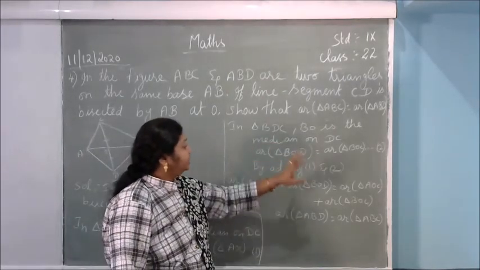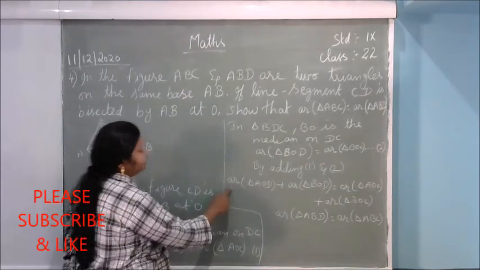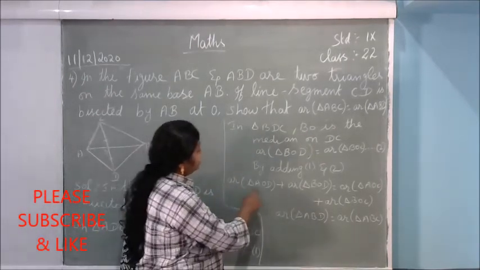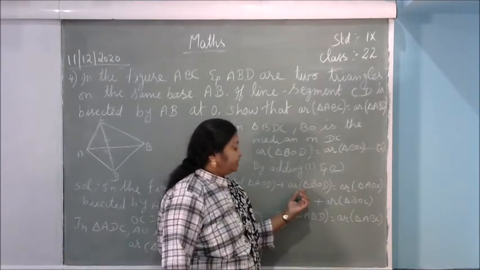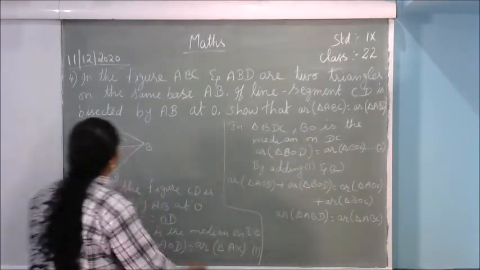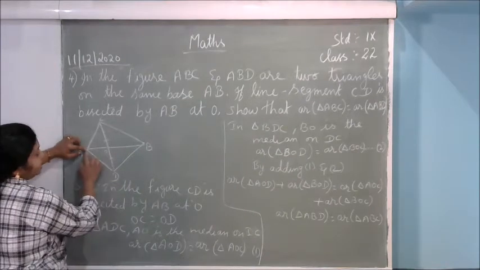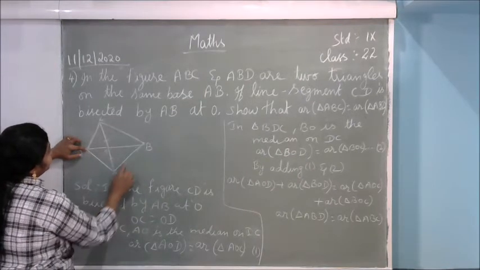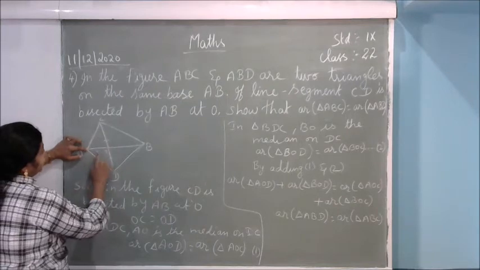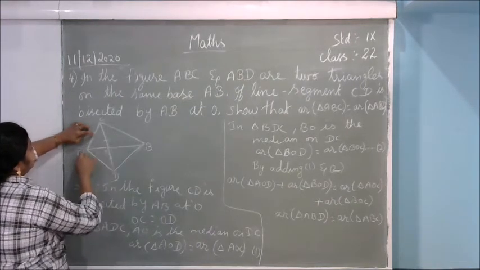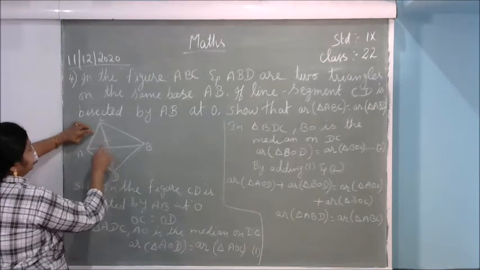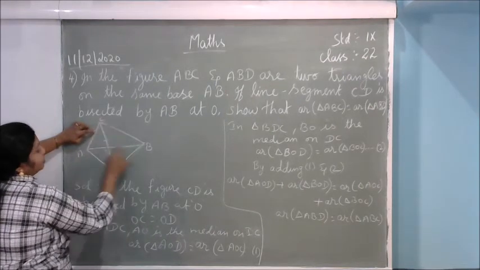By adding 1 and 2, you will get area of triangle AOD plus area of triangle BOD, and adding the other two portions, area of ACO plus area of COB.